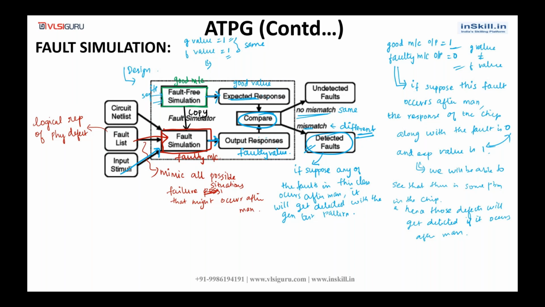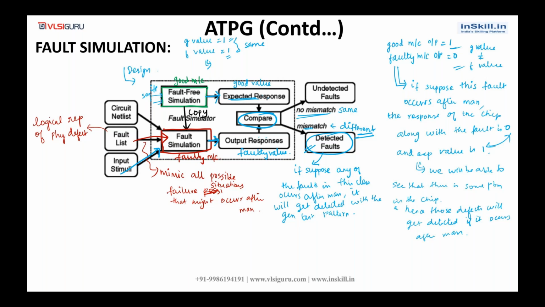What does it imply? If the good value is 1 and the faulty machine value is also 1, it implies that if this fault occurs after manufacturing, the response of the chip along with the fault is 1, and the expected output is also 1.